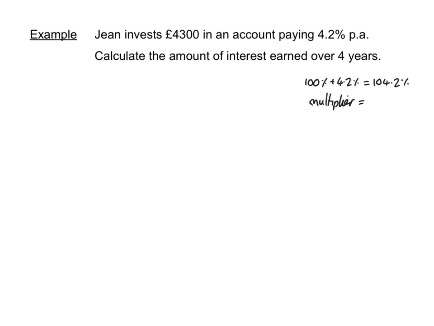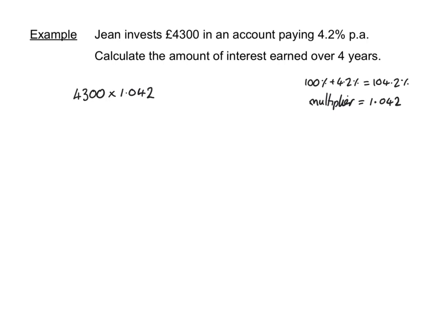And remember, we're just taking that 104.2 and dividing it by 100, so 1.042. This is how I quickly find 104.2% of something, by multiplying by this multiplier. So let's take our £4,300, which we're starting off with in the account, and multiply it by 1.042. Remember, this is how we find the interest earned after 1 year.